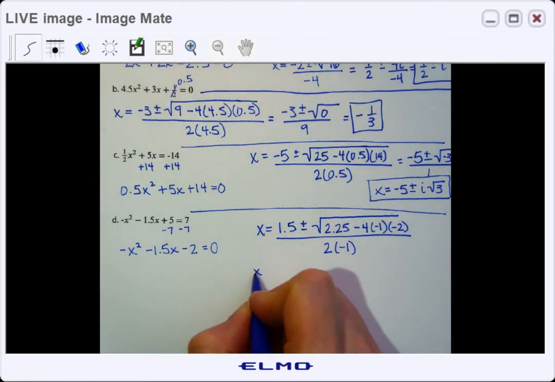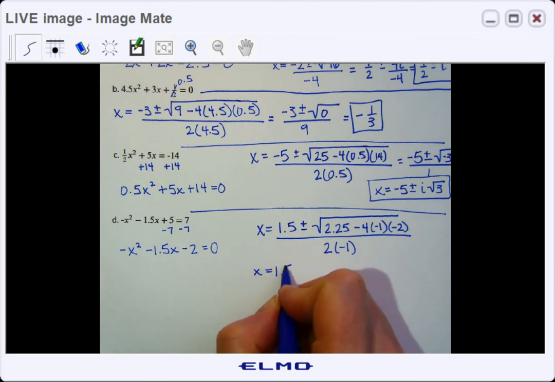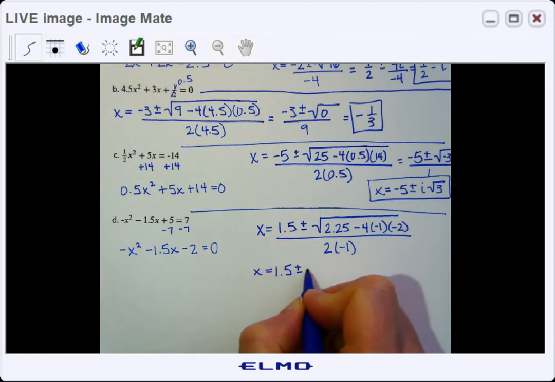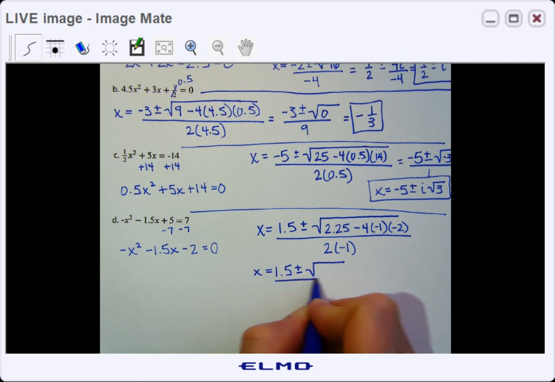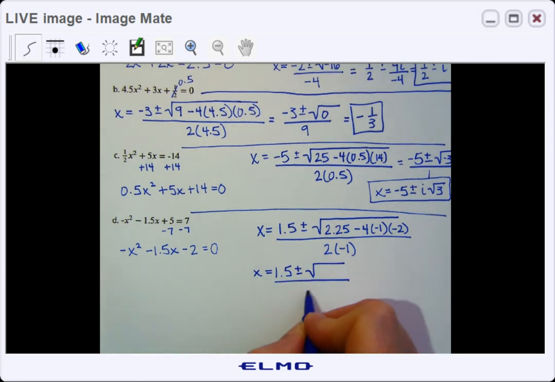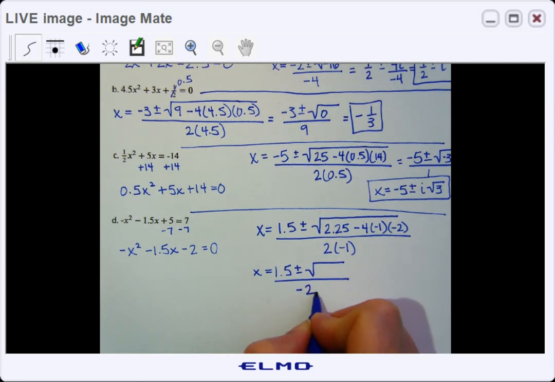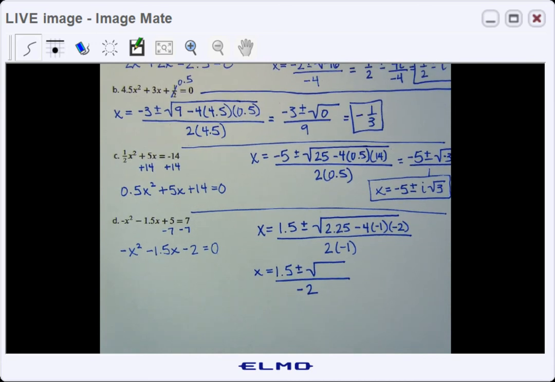So that means x is equal to 1.5 plus or minus, I'm not sure of that yet. 2 times -1 is -2. All right, so 2.25 minus 4 times -1 times -2 is -5.75.